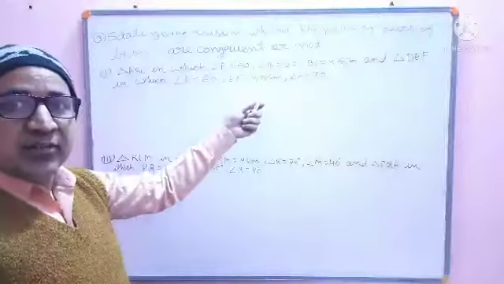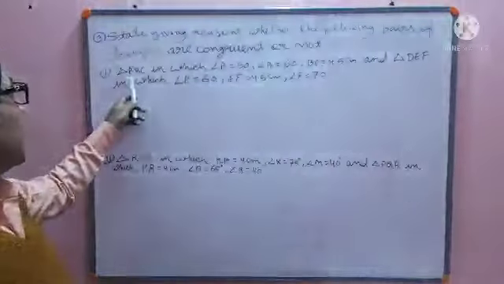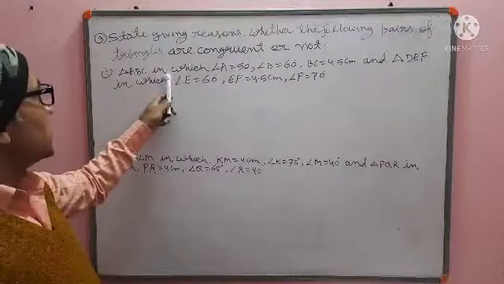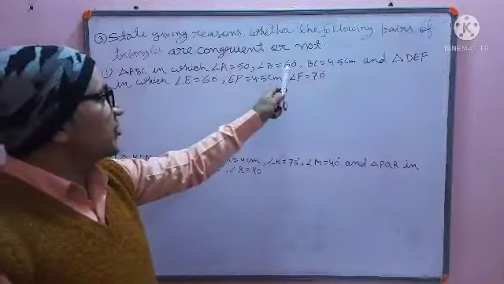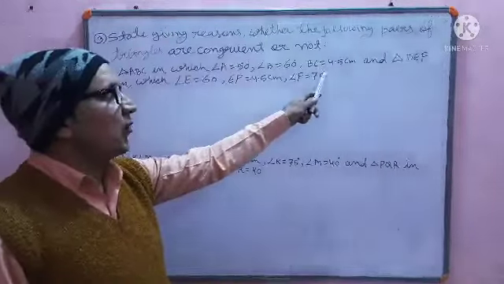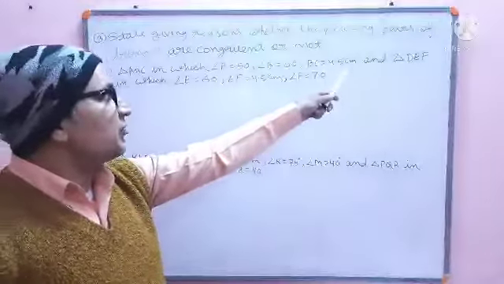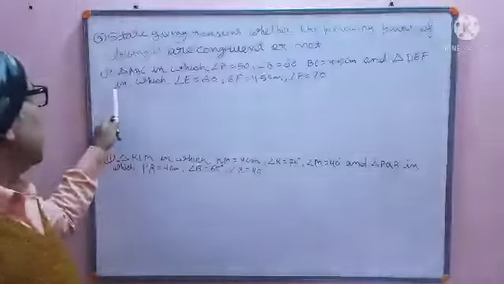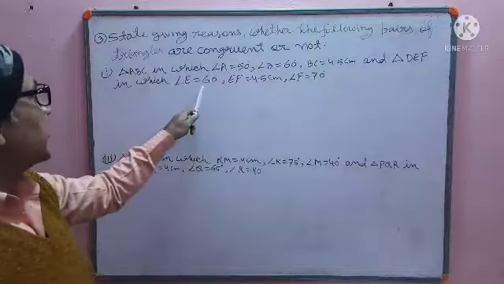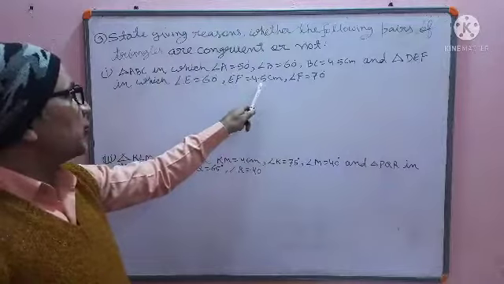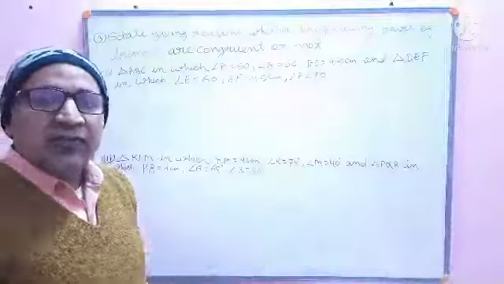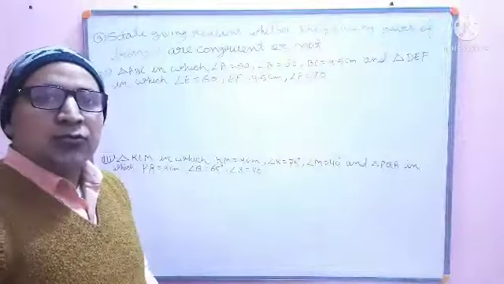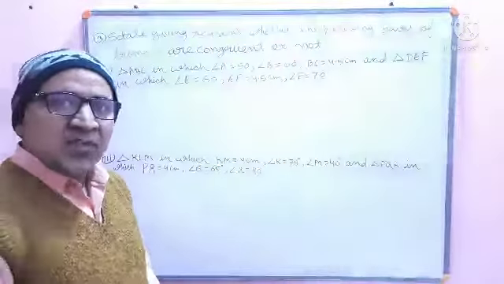In the first part, triangle ABC in which angle A is 50 degrees, angle B is 60 degrees and BC is 4.5 centimeters. And triangle DEF in which angle E is 60 degrees, EF is 4.5 centimeters, angle F is 70 degrees. Then we have to check whether these two triangles are congruent or not.